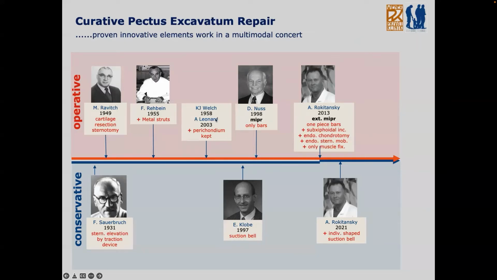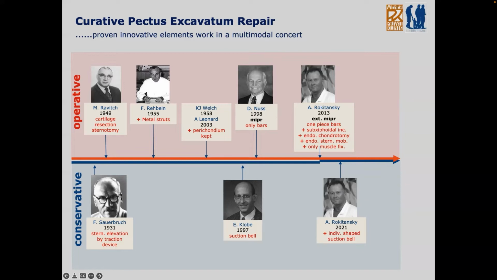Welsh and Leonard correctly indicated that the perichondrium must be preserved if you resect the cartilage of the ribs. Donald Nuss introduced the minimally invasive pectus repair with bars without additional surgery on the chest deformity.